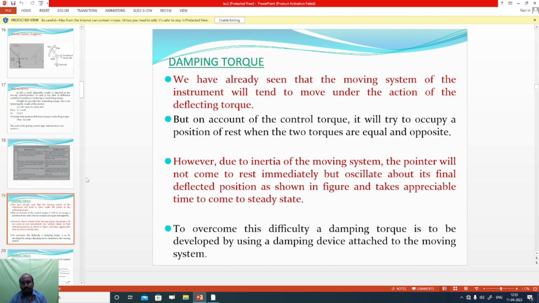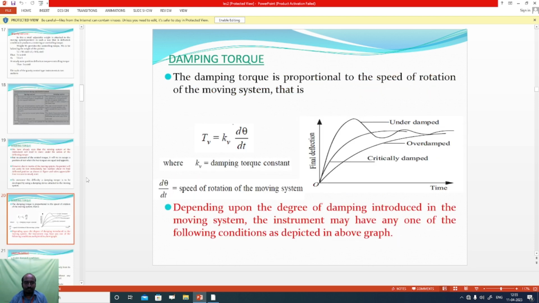But even after producing controlling torque, due to inertia of the moving system, the pointer will not come to rest immediately, but oscillate about its final deflected position. So to maintain a steady state, we need a damping torque. The damping torque is to be developed by using a damping device attached to the moving system.